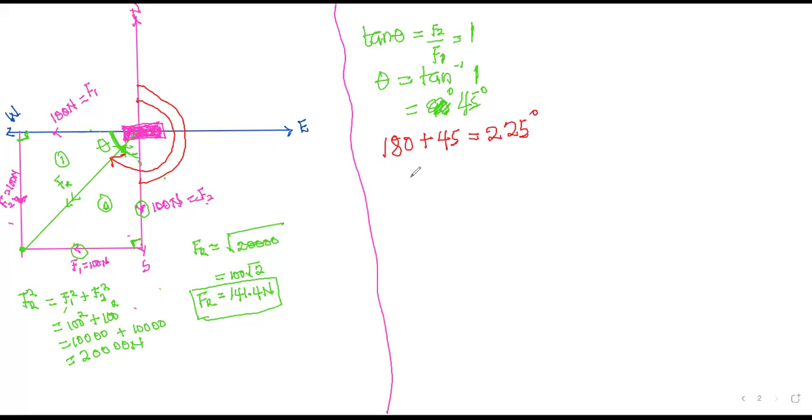Yes, please. So this is 225 degrees, sorry, from the north, or south. Meaning when I turn through this angle, I can get the direction.